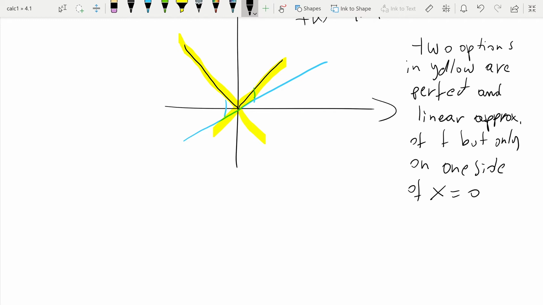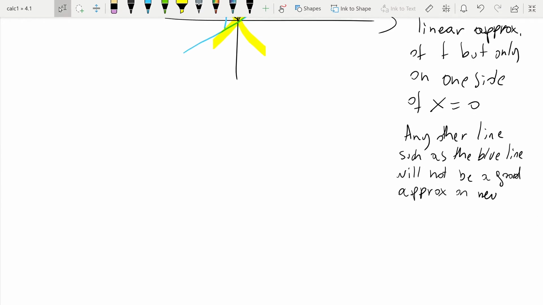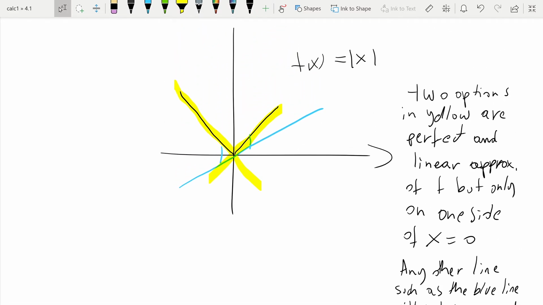On the other hand, any other line, such as the blue line, will not be a good approximation on either side.